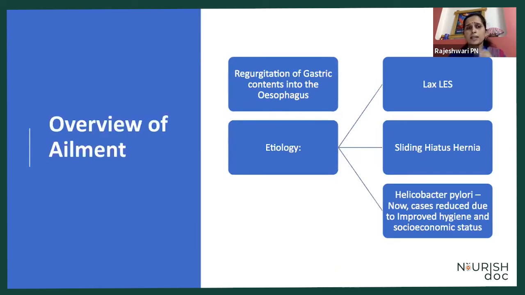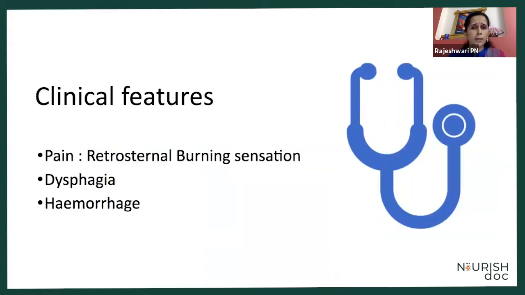Nowadays the frequency has diminished, but there is still a chance of Helicobacter pylori infection. Once these three mechanisms happen, once these changes occur in the stomach and the lower end of the esophagus, then there are clinical features.